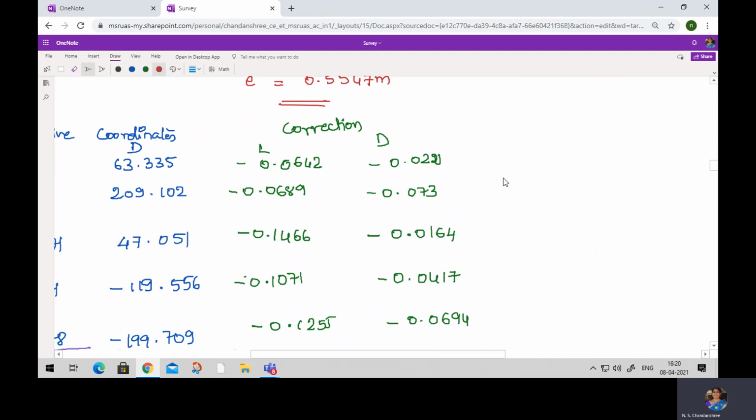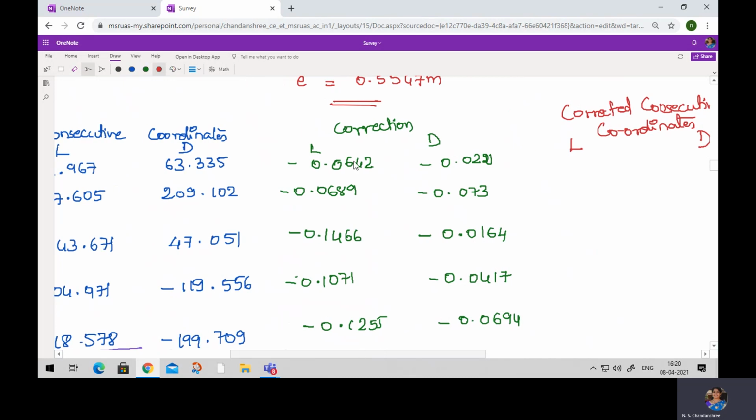Last one is corrected consecutive coordinates. That is for latitude and for departure. So here the principle is same, only the procedure for finding out the correction is different.